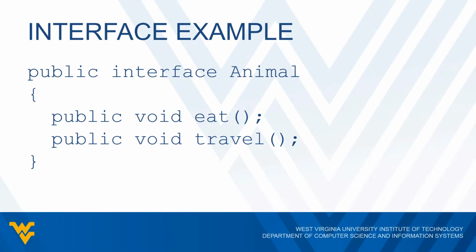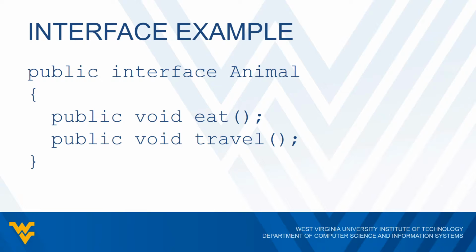Here is a very simple example of an interface. So we have public interface animal. So technically animal is an abstract class. And inside of here I have two abstract methods, eat and travel. Now you may notice that the abstract word is missing for the methods as well. And this is fine because, like I just said before, the methods have to be implicitly abstract.